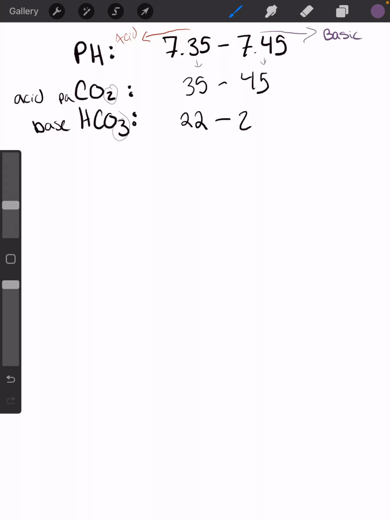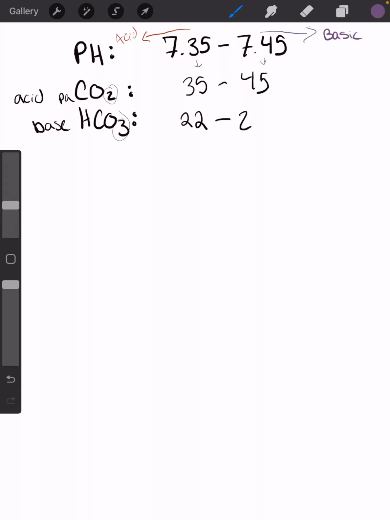Now, if you're spending less money on your coffee, it might not taste as good and it might be a little too acidic. So if you're getting cheap coffee that costs less than $7.35, which I know is outrageous, these coffees are expensive regardless, but if you're spending less money than that, your coffee might taste too acidic. So that's how we're going to try and remember it. I know it's silly, but you just got to do what works.